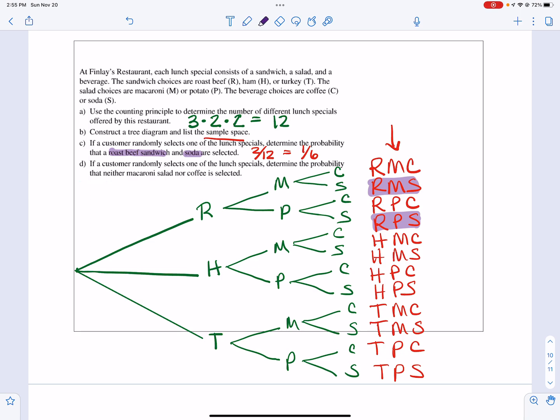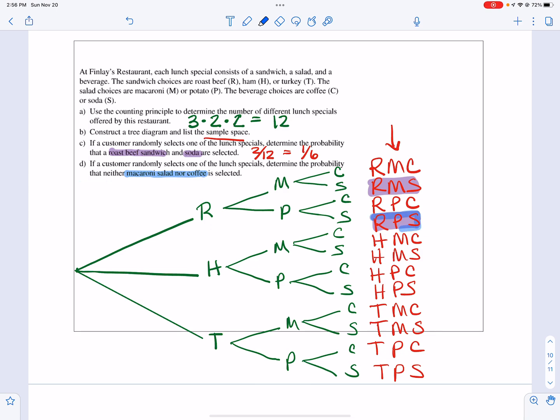Now, the next one we're going to do is, what is the probability that neither macaroni nor coffee is selected? So anything that does not have an M or a C. So I'm going to highlight these.